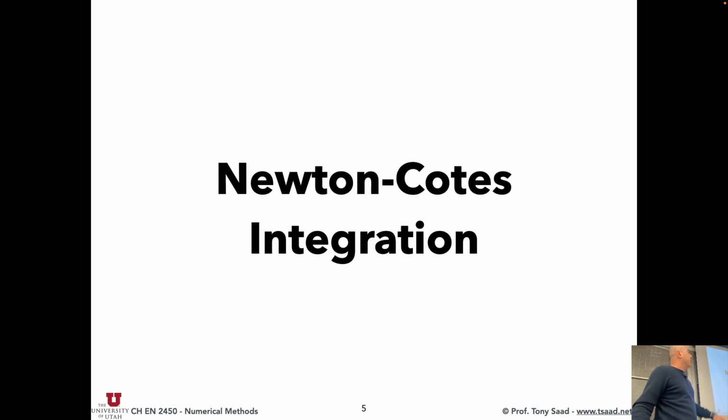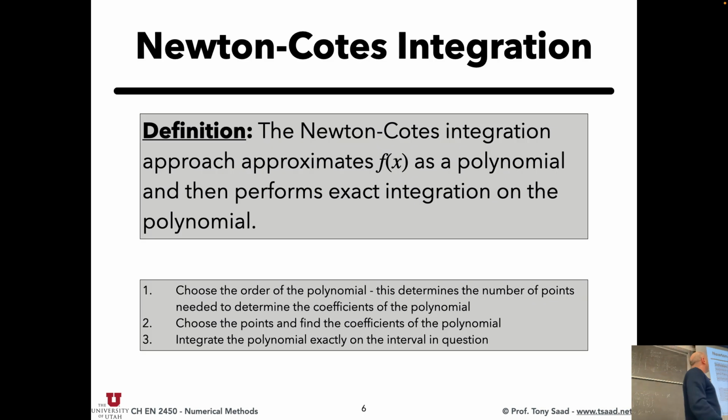We're going to look at analytical functions first. All right, Newton-Cotes integration. The idea of Newton-Cotes integration is to approximate f of x as a polynomial and then perform the integration on that polynomial analytically and then evaluate it. Why? Because the polynomial is easily integrated, right?